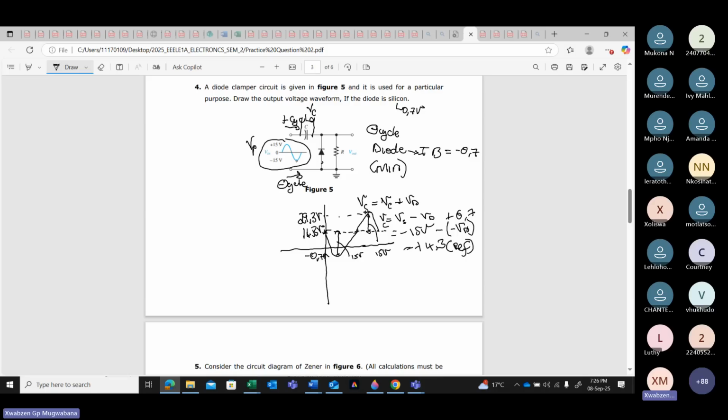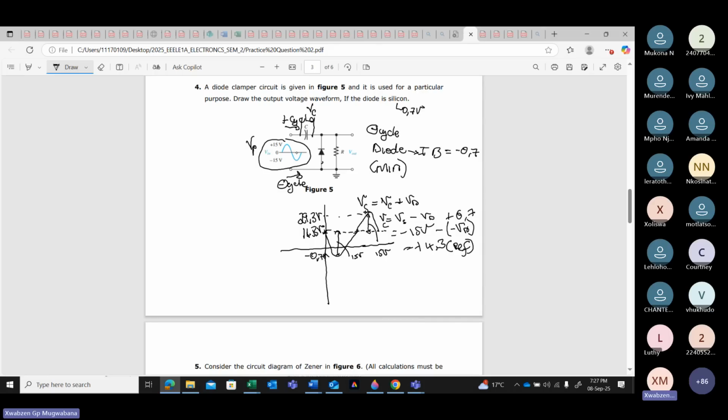Shift up. When you shift up, you will see that this 0 is left there without anything. Then you shift your signal up until this turning point, which is negative, lies at minus 0.7 volts.